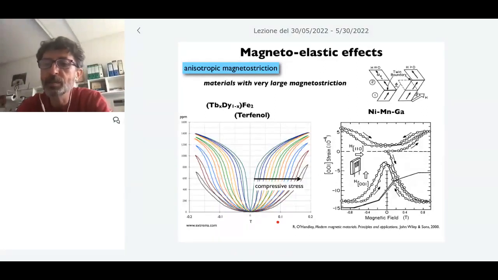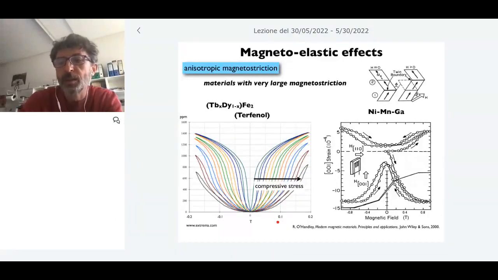And the magnetism is coupled with a certain easy axis. What does it mean? It means that if you apply a magnetic field, you select a certain easy axis with respect to another. But then your easy axis is connected with one or the other of these twins, like in the picture shown there.